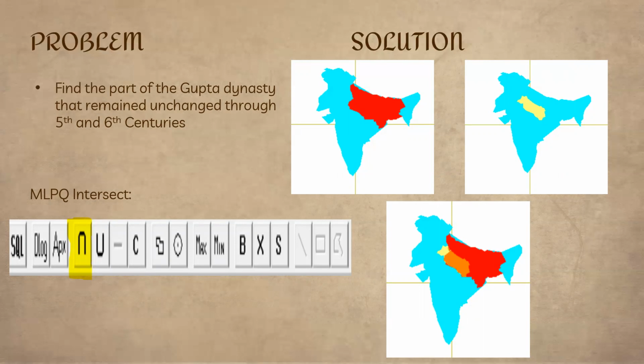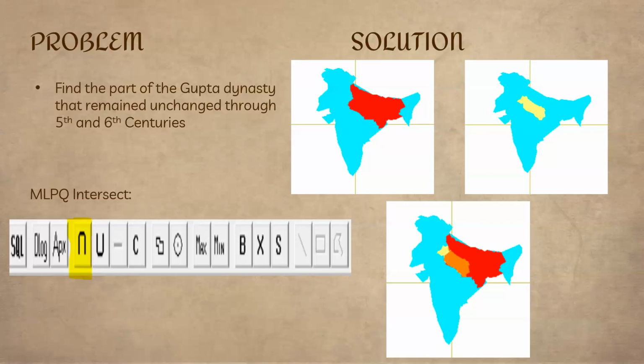All we had to do was select the area of the Gupta dynasty as a query from the 5th century, and select the area of the Gupta dynasty from the 6th century. After selecting both of them, a simple press of a button in MLPQ intersect will give us the area that remained common between these two queries.